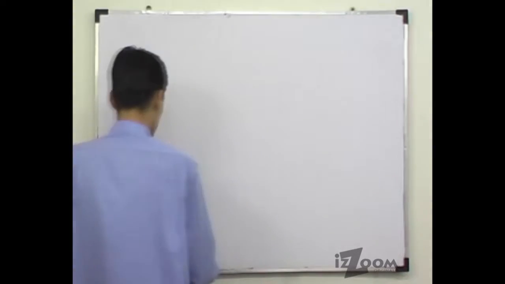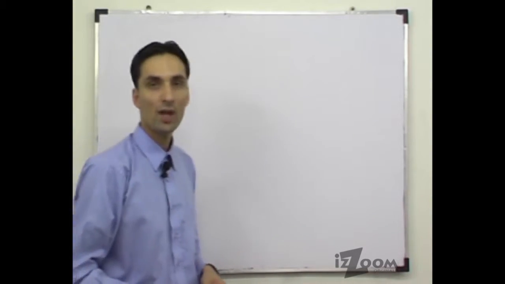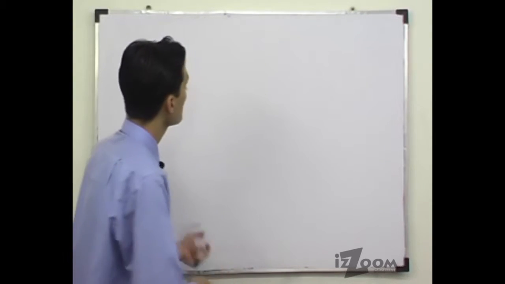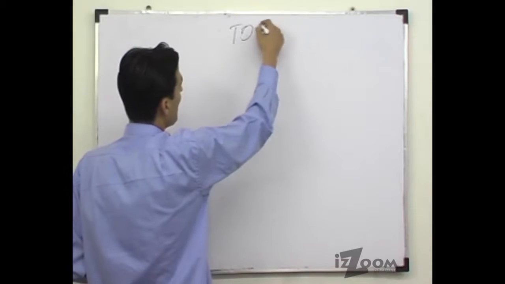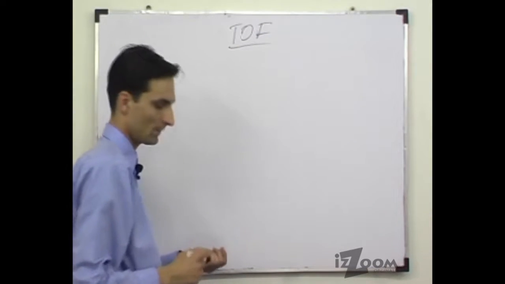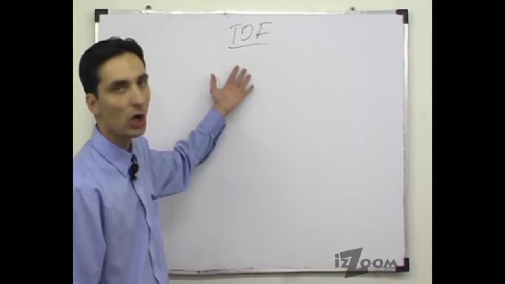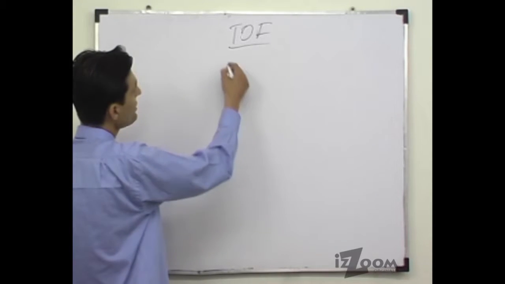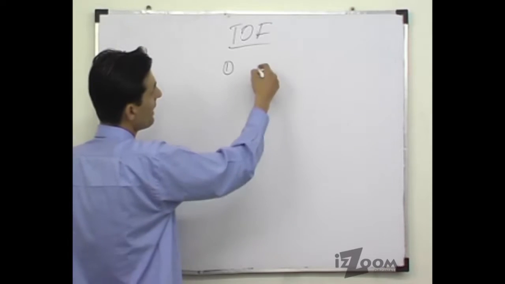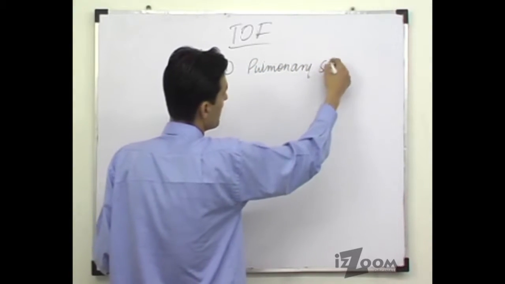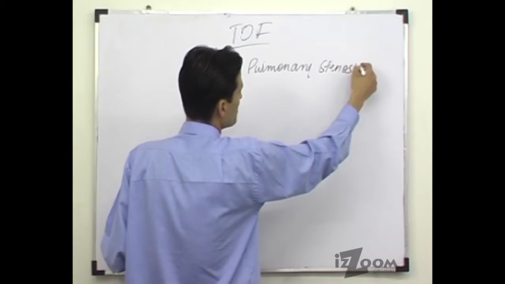The next congenital anomaly of the heart that I'm going to be talking about is tetralogy of Fallot, or Fallot's tetralogy. As its name suggests, it has 4 components. The first component is pulmonary stenosis.